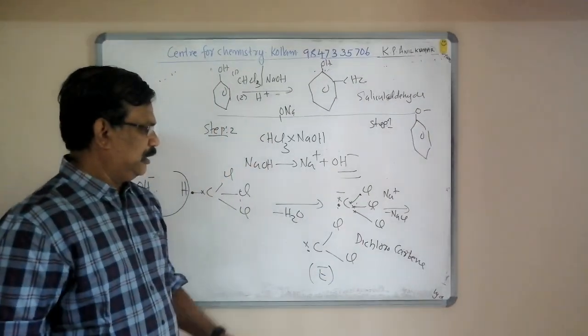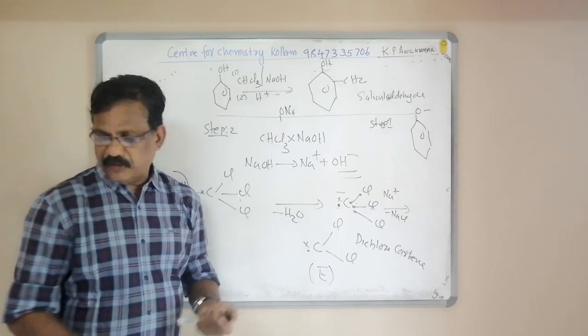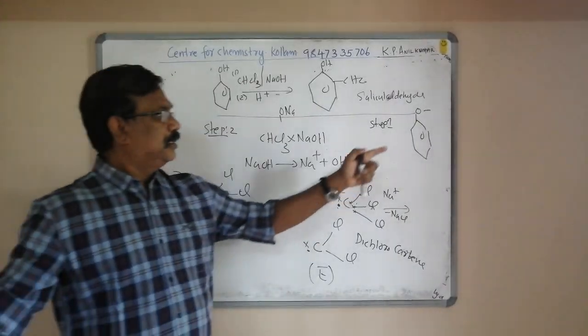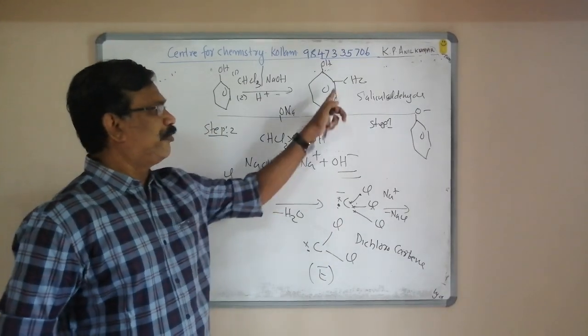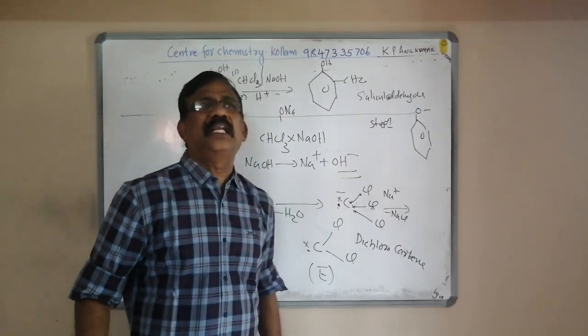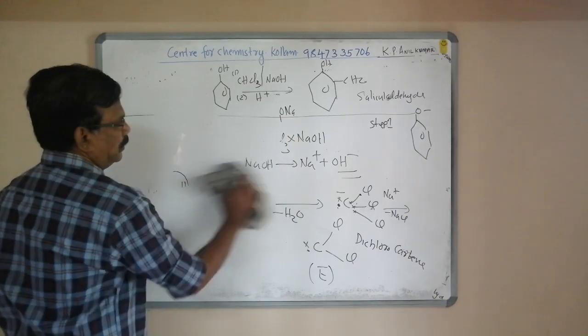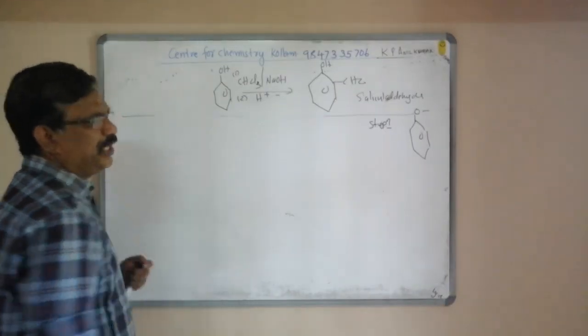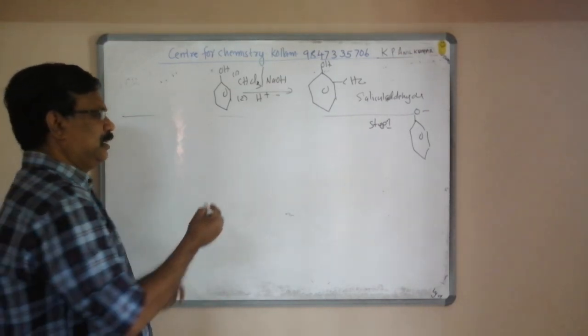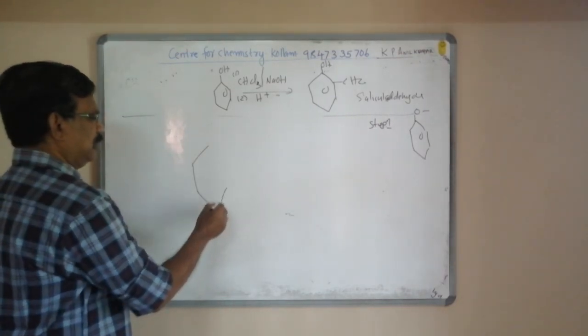So dichlorocarbene is a neutral electrophile. Finally, the attack between the phenoxide anion and dichlorocarbene leads to the formation of which product? Salicylaldehyde. Okay, so phenoxide anion and dichlorocarbene: yes, electrophilic substitution.